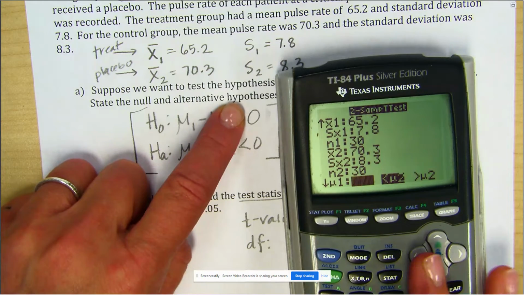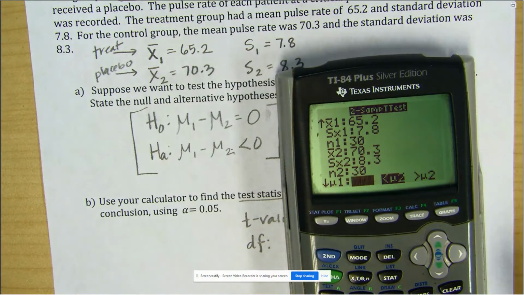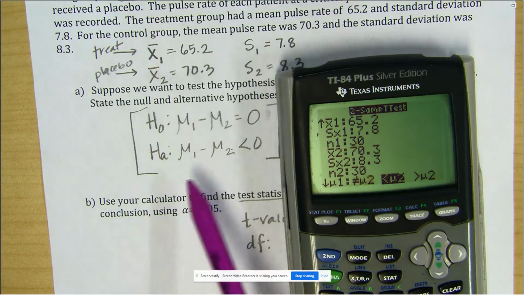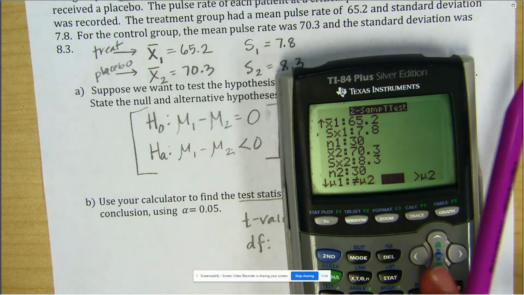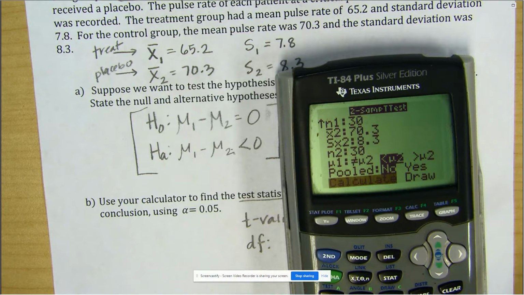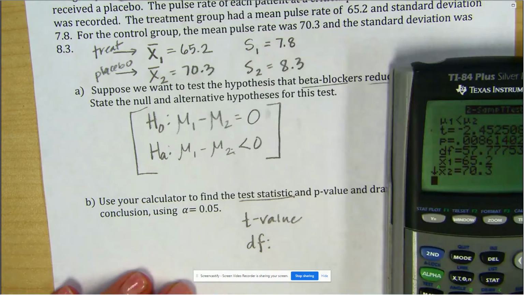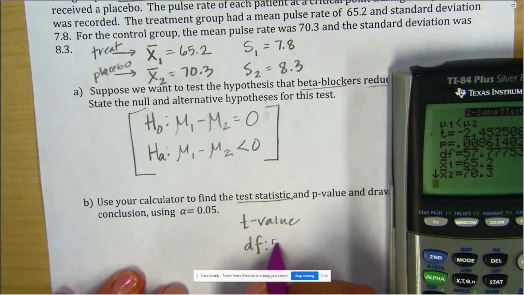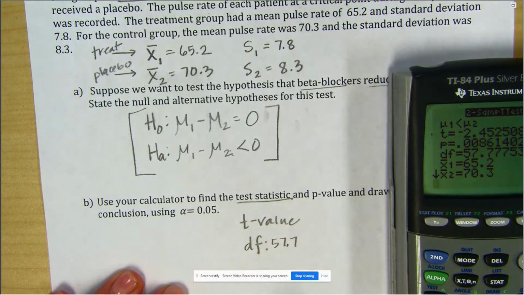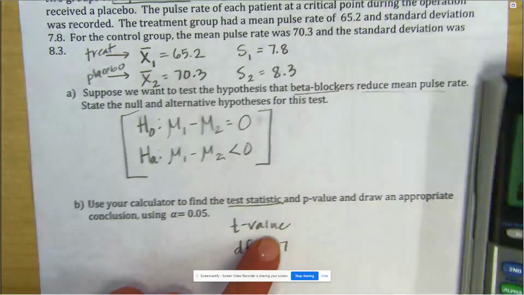We are testing the alternative that mu 1 is less than mu 2, so the middle one. Just say no to pooled, and let's calculate first. For degrees of freedom, the calculator did some magic formula, 57.7, and got a t-value of -2.45.